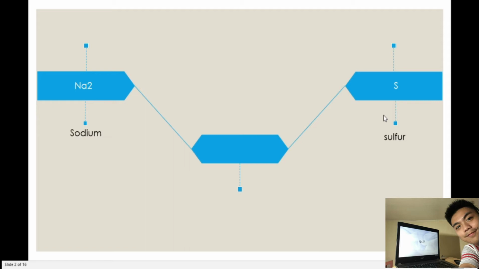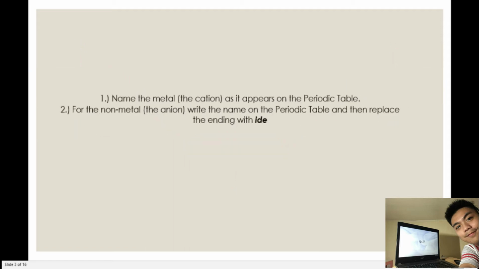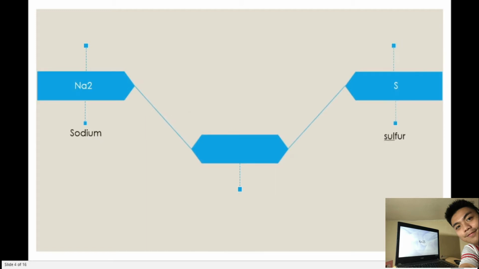And we use these rules here to write the name. So first, we write the name of the metal, and that's sodium, as it appears on the periodic table. So Na, that's sodium. Next, we write the nonmetal as it's on the periodic table. So we write sulfur.